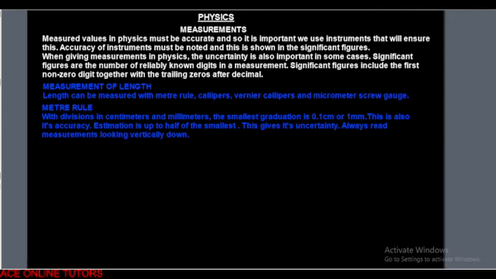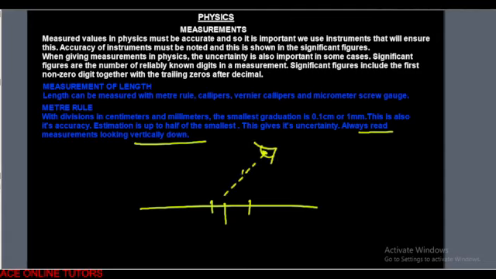Now, another thing about meter rule is that whenever you are taking values, you must always read vertically down. So that means that if you have a meter rule this way and you want to take values, don't look at it like this. You are going to be wrong. Or you come and position your eye here, then you look at it this way, you'll be wrong. You don't look at it from the side, you look at it from the top.